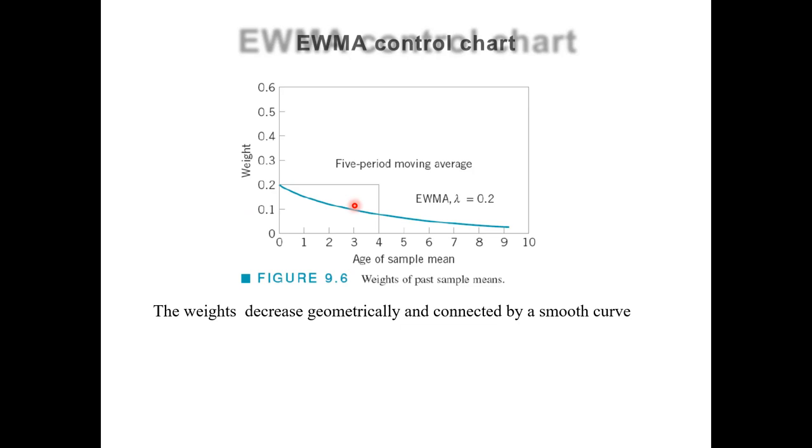Okay, so in graphical form, if you look at the value of weight here, the weight value will be decreasing as time goes by, or as it says here, as the age of the sample increases.